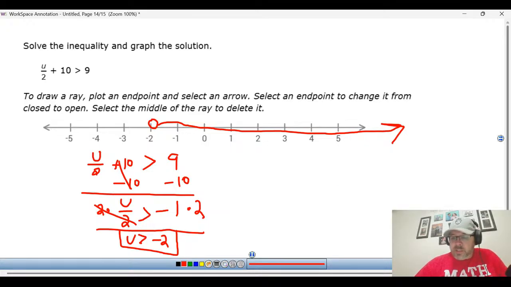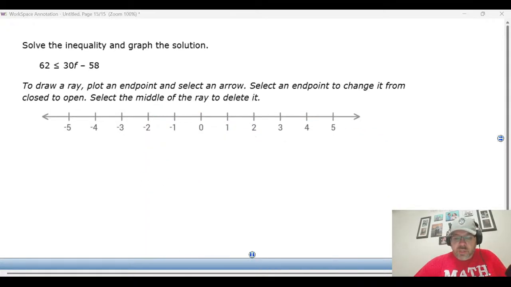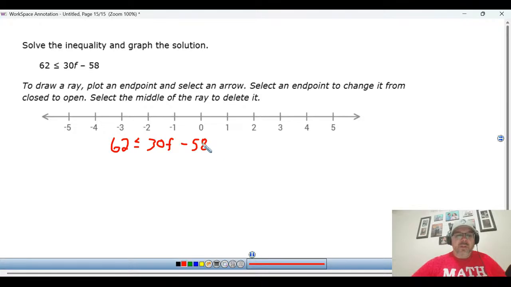All right, guys, last question. Last one. We're almost there. All right. So we got 62 less than or equal to 30f minus 58. Okay.